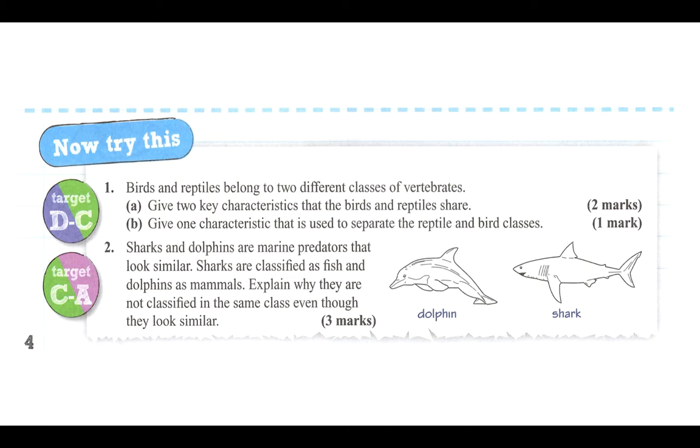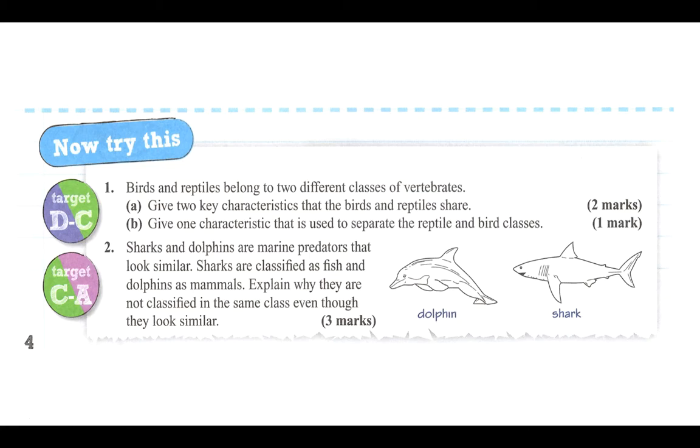However, sharks are fish because they have gills and are poikilotherms. Okay? So sharks have gills that you can see here, okay? And they are also poikilotherms. Dolphins, however, are mammals because they have lungs and give birth to live young. Okay? So, if you mentioned that they look the same in order to survive in a key area, you get 1 mark.